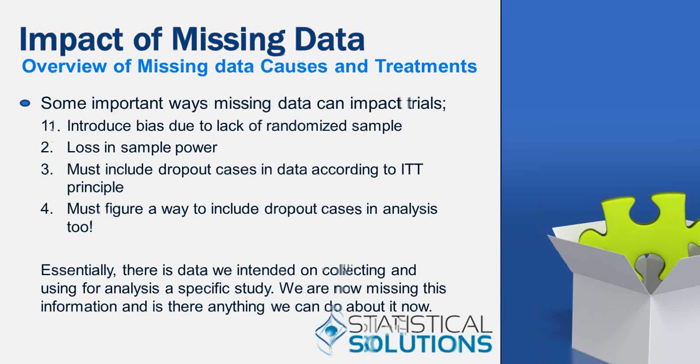With the intent to treat principle, we're compelled to keep the information from every case in the data. But if you were to do a complete case analysis, those people get kicked out of the statistical analysis straight away. There are different methods of weighting to keep them in, but for the most part they're not included in the subsequent analysis.